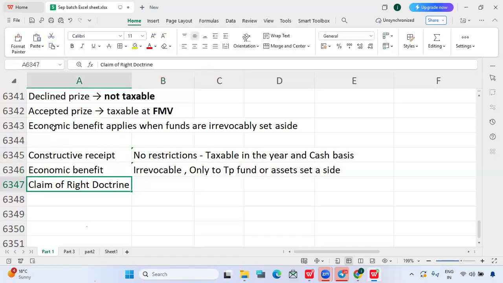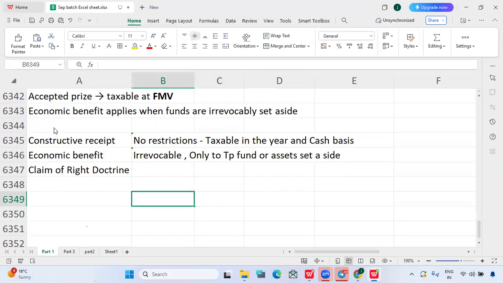And now the claim of right doctrine. Basically, the claim of right doctrine applies when we are giving back. You have already received some money and paid taxes on it, and now you are giving it back. In that case, what do we have to do?